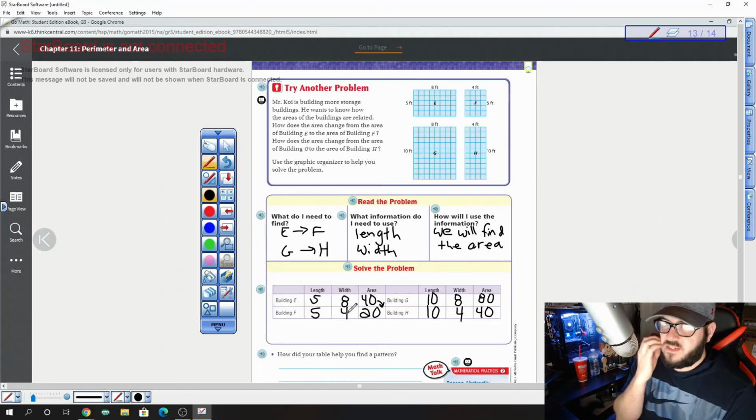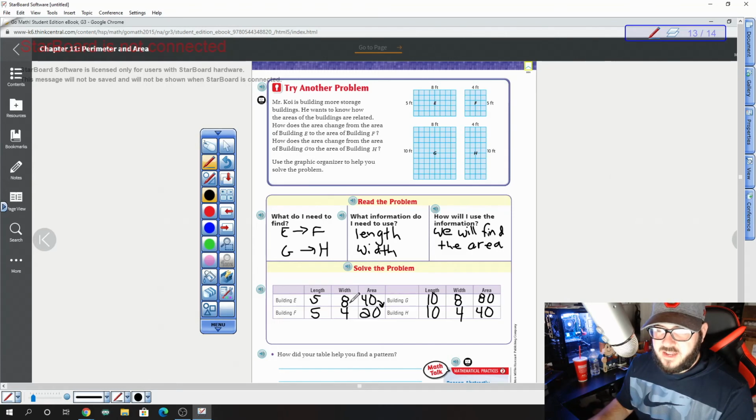Think about that for a second. So 8 divided by 2 gives us 4. So what's happening is this 8 is being cut in half. Half of 8 is 4. And half of 40 is 20. Just like half of 8 is 4 here, and half of 80 is 40.